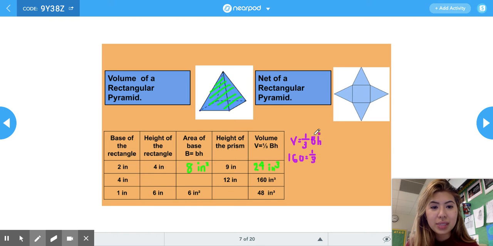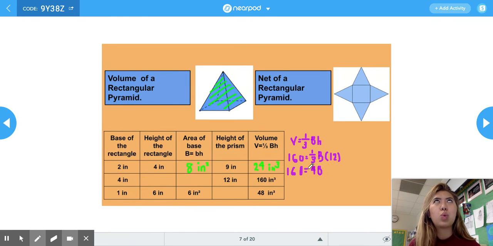I don't know what my base area is, so I'm going to keep my uppercase B, but I do know that my height is 12. So next, I'm going to calculate what I can. So we have 1/3 of 12, which is the same thing as 12 divided by 3, and that gives me 4. So now we have 160 is equal to 4B.